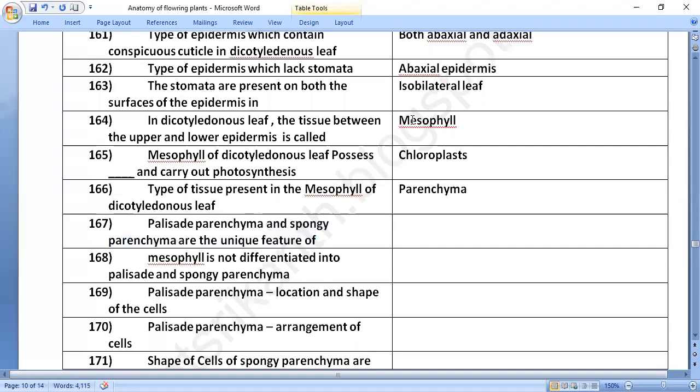The palisade parenchyma and spongy parenchyma are the unique feature of the mesophyll of dicotyledonous leaf. In isobilateral leaf, the mesophyll is not differentiated into palisade and spongy parenchyma.